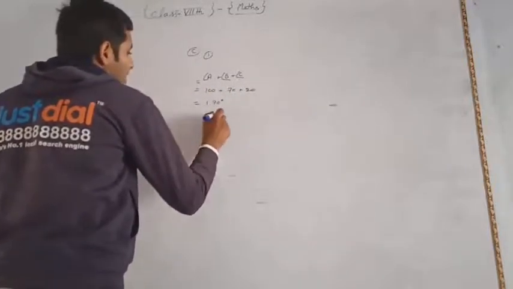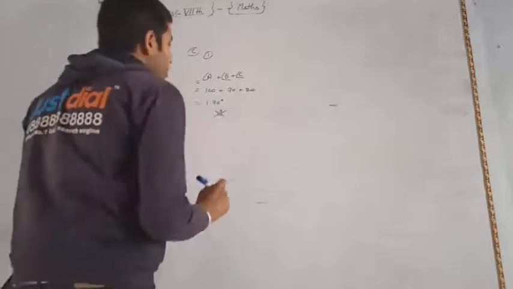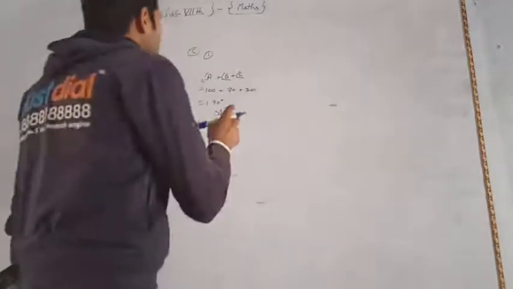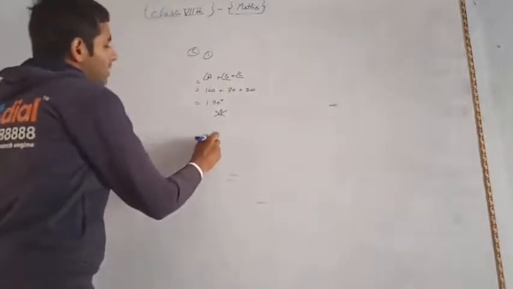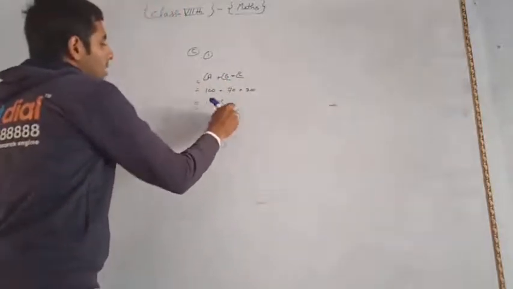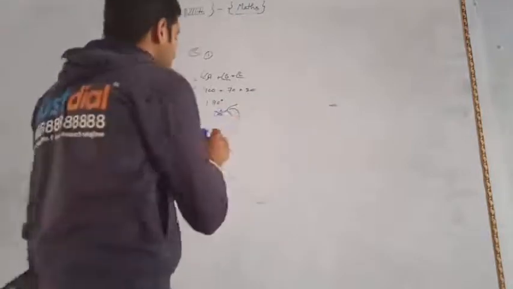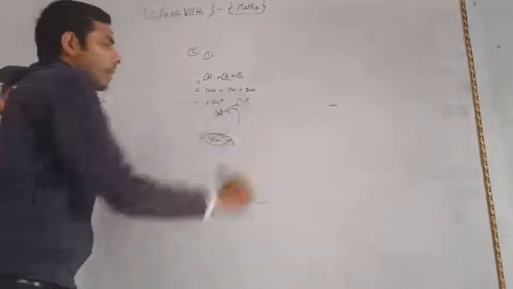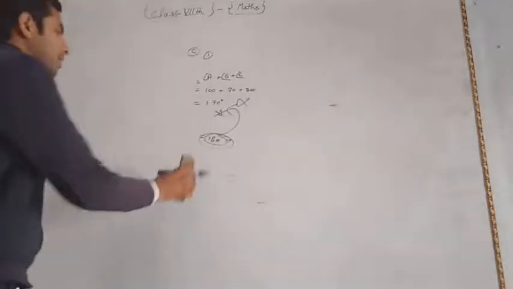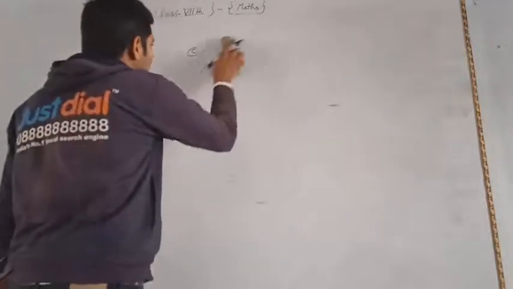So this is not a triangle, because you know that the sum of the three interior angles of a triangle is equal to 180 degrees, and here 190 degrees is 10 degrees more than 180 degrees. You cannot form any type of triangle in this condition.